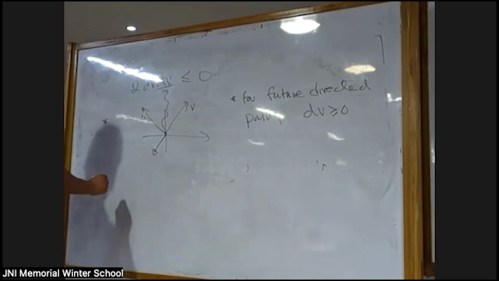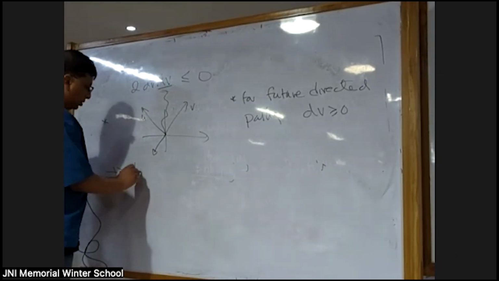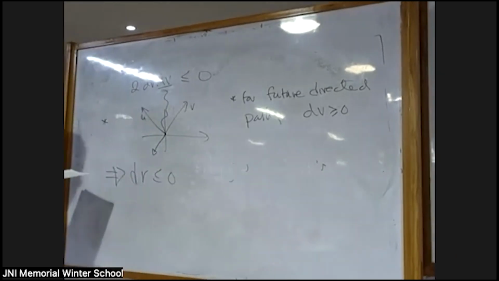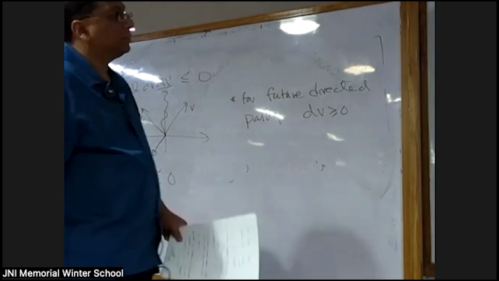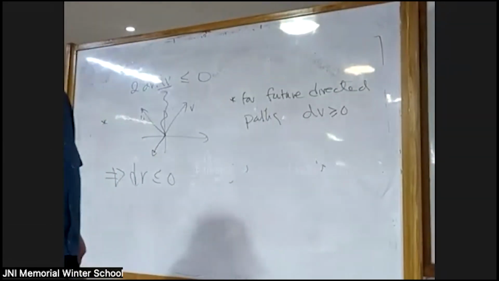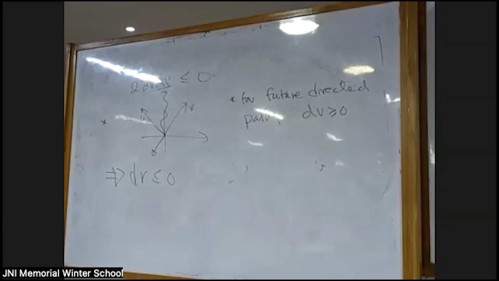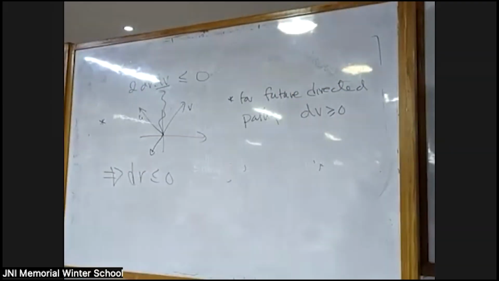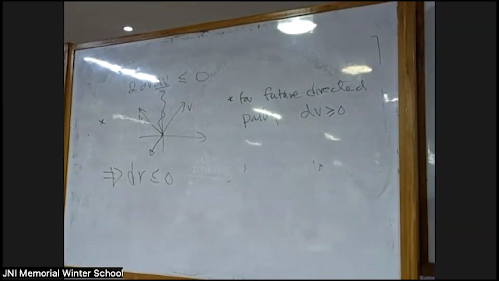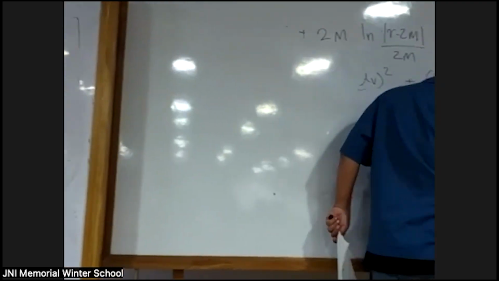So dr is less than 0. This is not really a proof or anything like this, but what it's telling you is that you can extend a path to r less than 2m.